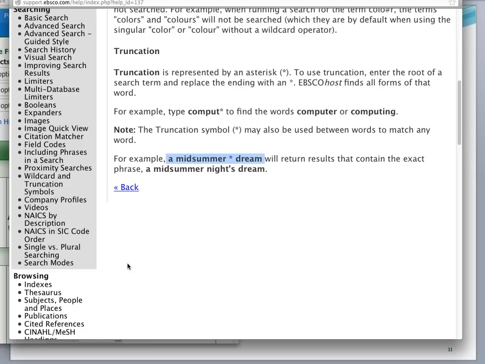We have to understand proximity searches. We have to understand wildcard and truncation. These are part of our toolbox as searchers. And of course, it will be very relevant if we are going to become reference librarians. I was a reference librarian for many years, and I always became familiar with some databases because it made my work easier.